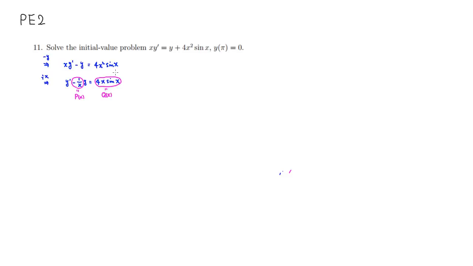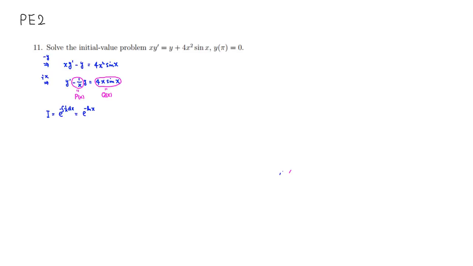So let's find the integrating factor. I is equal to e to the integral of p of x, which is negative 1 over x dx. So you have e to the negative sign. The antiderivative of 1 over x is natural log of absolute value of x, but you don't have to put the absolute value.